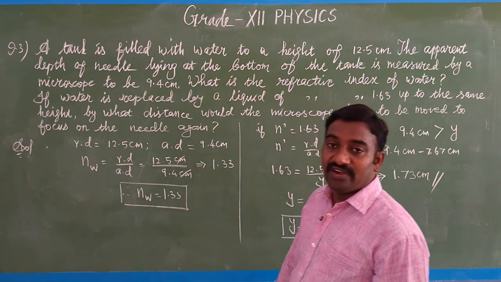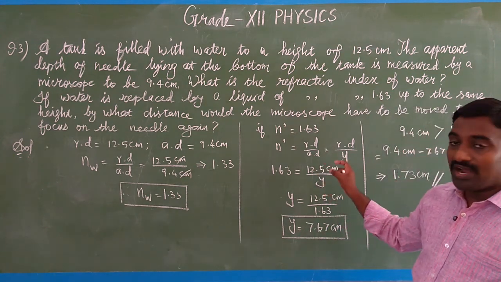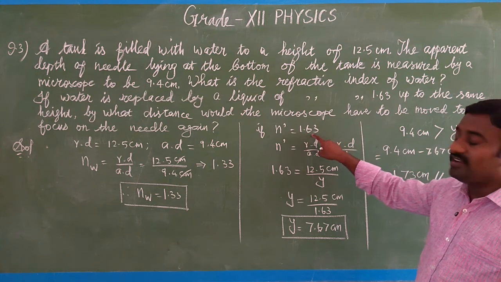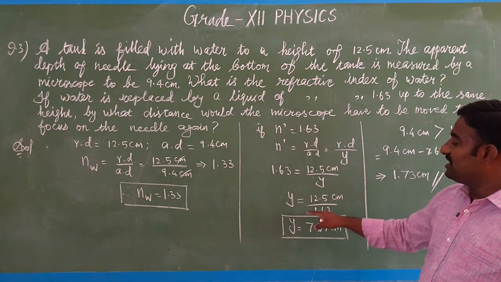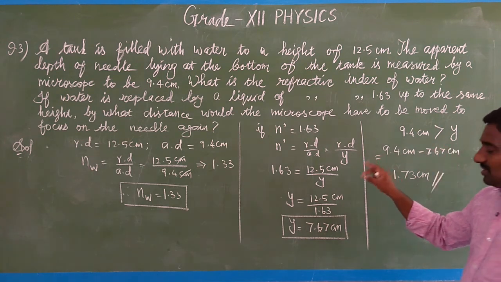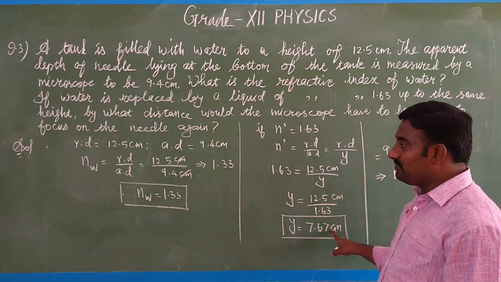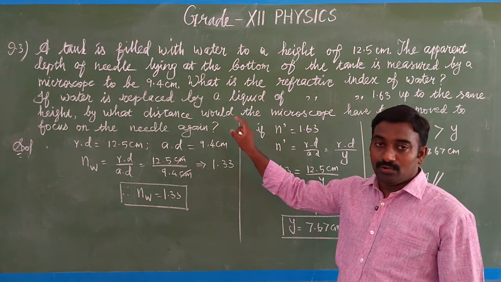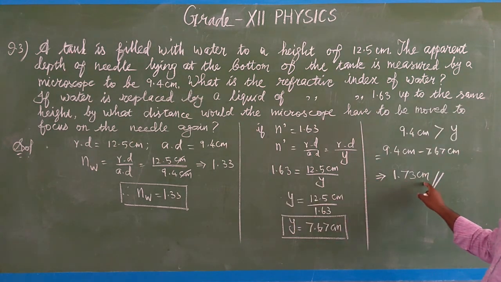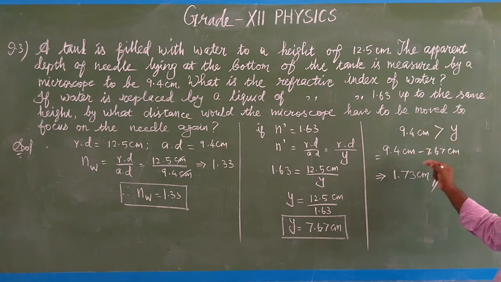So we found the refractive index. Now replace the water by some other liquid to the same level, but with a different refractive index. In that case, you find the apparent depth. By comparing this apparent depth in the new liquid to the apparent depth when it is placed in water, the difference is 1.73. So we need to move the microscope further by 1.73 centimeter.